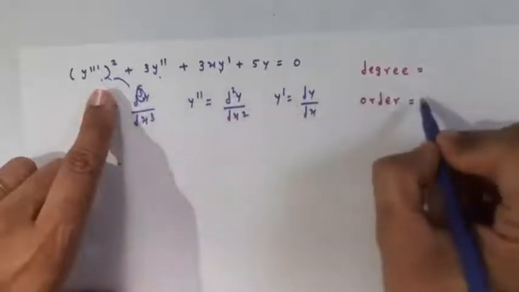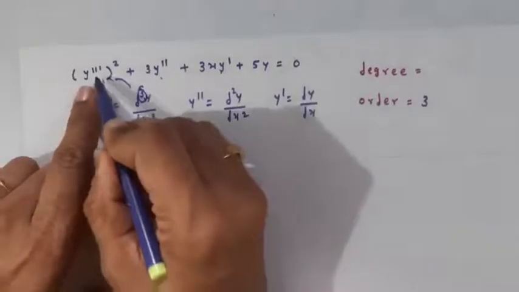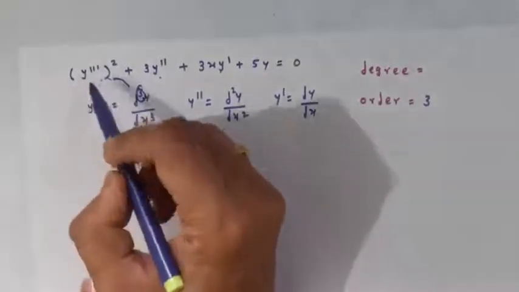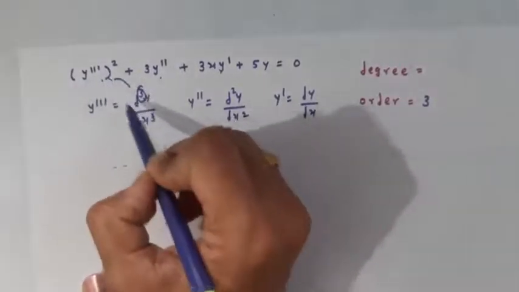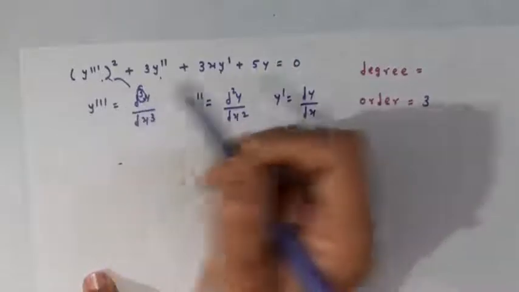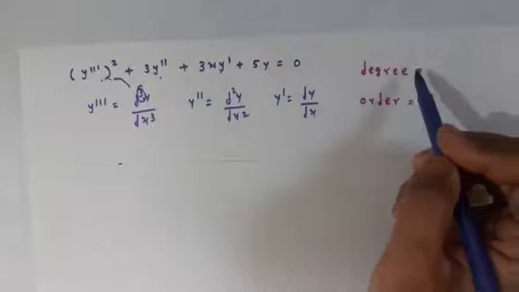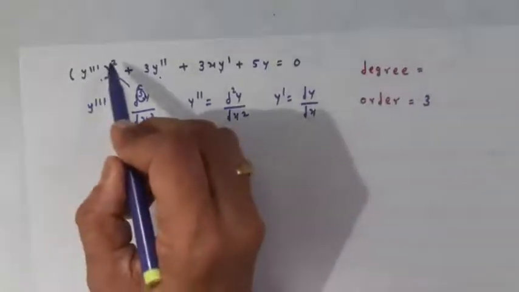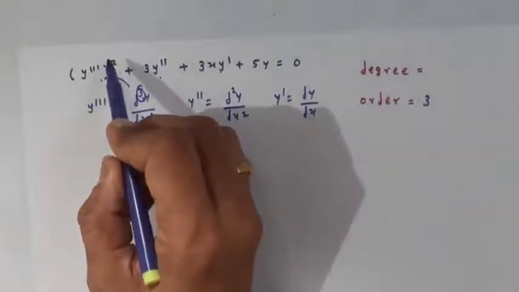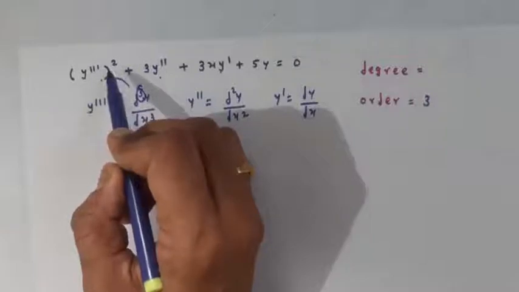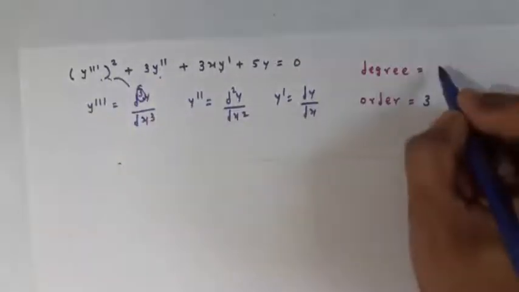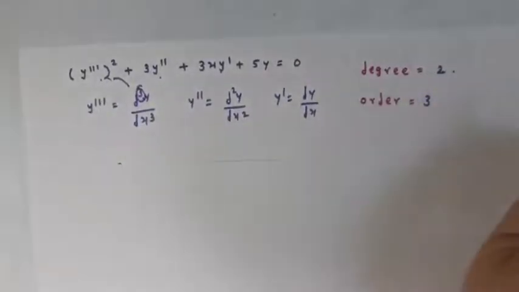Highest order is 3. Therefore order of differential equation is 3. Okay. And degree means power of highest order derivative. So what is the power of highest order? Power of highest order derivative is 2 and that's why degree of differential equation is 2. Okay.